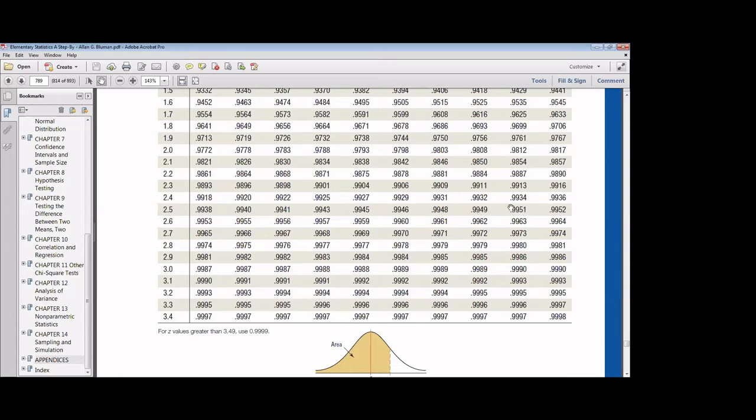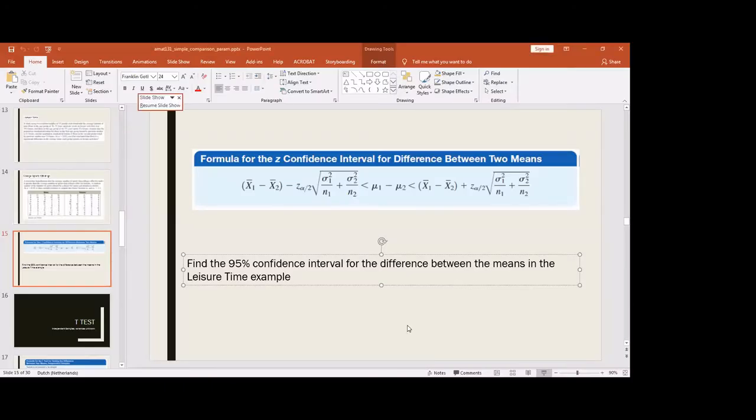So we can just get the average of the two. Okay? So yeah, the answer is correct. It's 2.576 or 2.575.